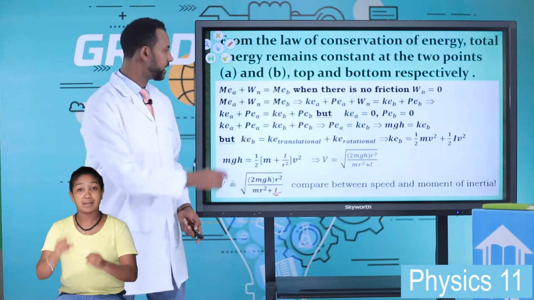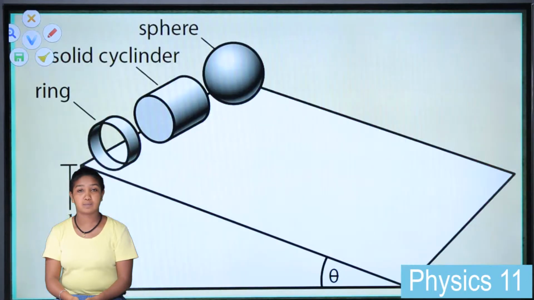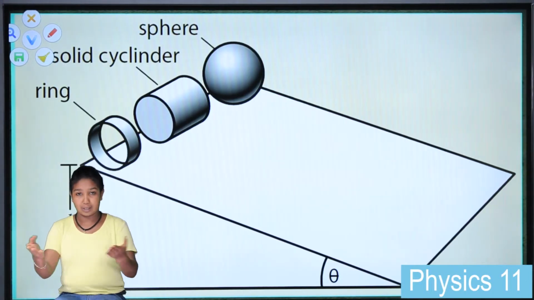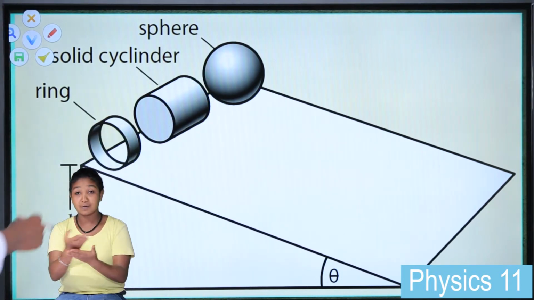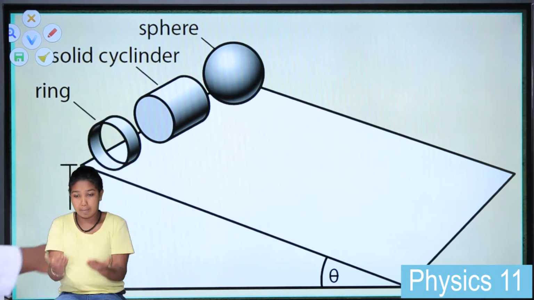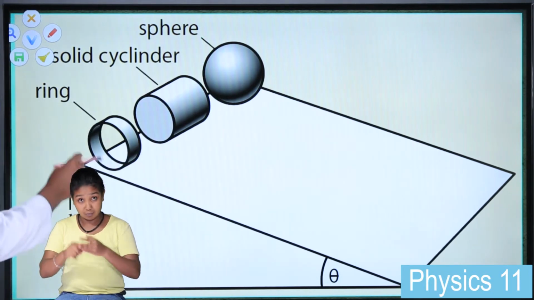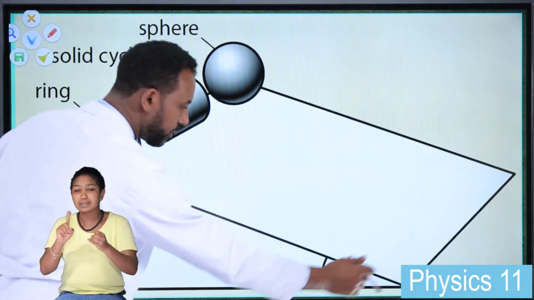At last, I gave you a question: if there are three objects, a ring or hoop, a cylinder, and a sphere, made of the same material, having equal mass and equal radius, and they are released from an inclined plane of the same height h, which one reaches the bottom first?